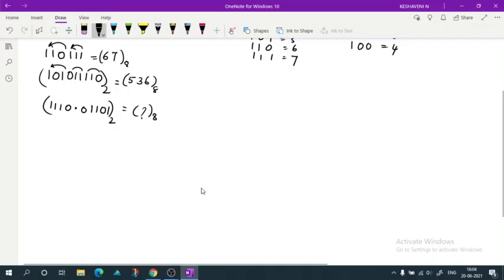I will write it again here: 1110.01101. Now you have a fraction point here, so before the fraction point you have to start grouping like this, and after the fraction point you have to start grouping like this.